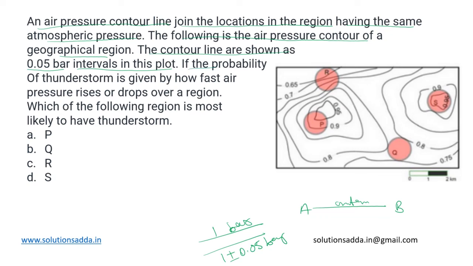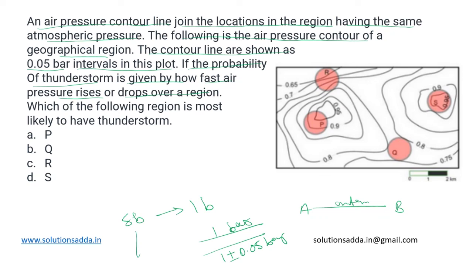Now they are saying the probability of thunderstorm is given by how fast air pressure rises or drops over a region, which means we are not concerned if the air pressure is very high or very low. We are concerned only with whether it changes rapidly, which means it was earlier, let us say 5 bar, and then it suddenly became 1 bar.